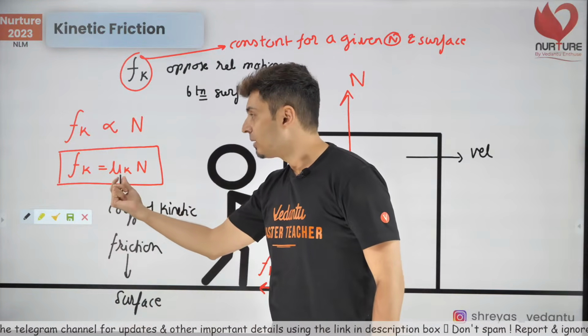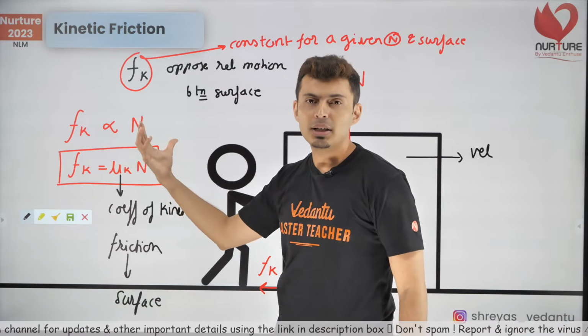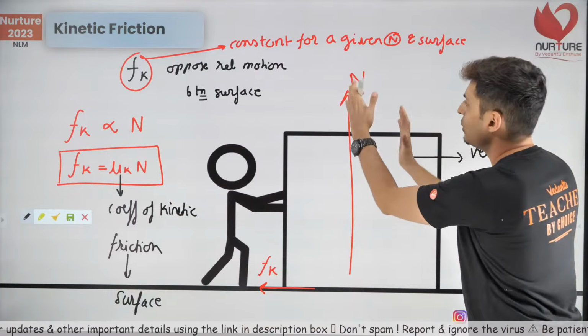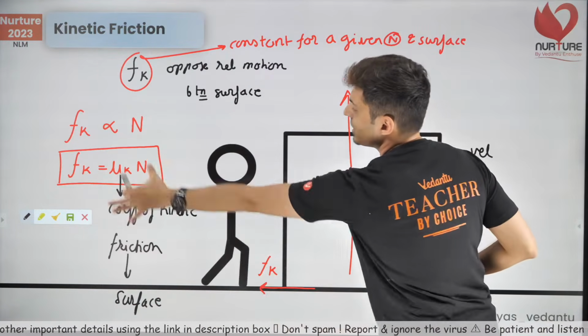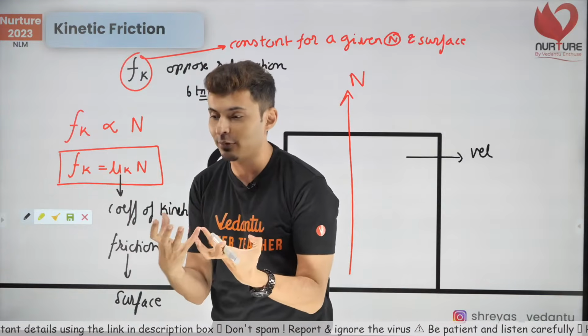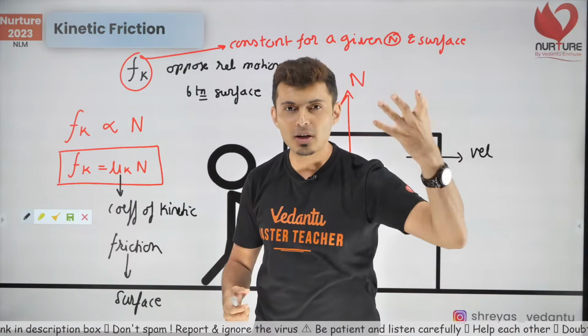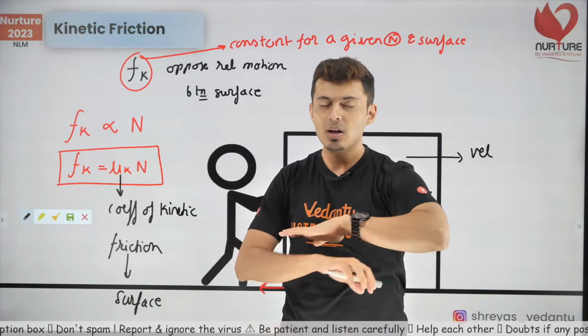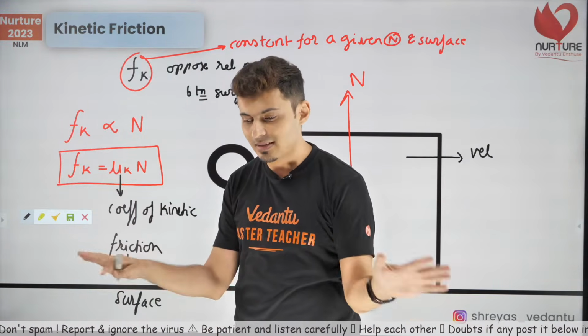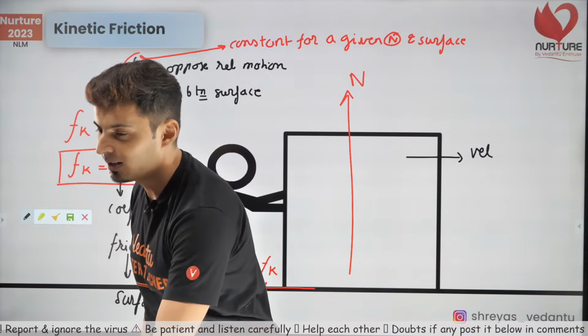But if mu is very large, that means for a given normal force, the friction is very large, so it is very rough. So if mu is more, it's very rough. If mu is 0, it's smooth. There is no resistance by the surface at all.